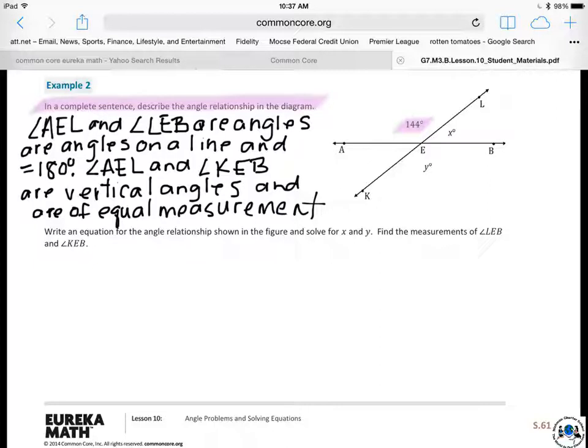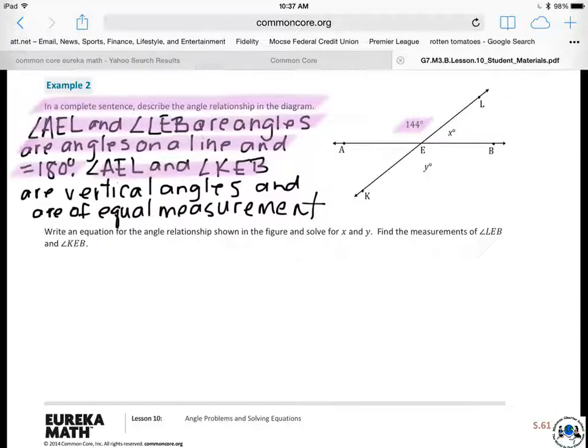Firstly, we know that AEL and LEB are angles on a line, and they equal 180. We also know that AEL and KEB, here's KEB and there's AEL, are vertical.